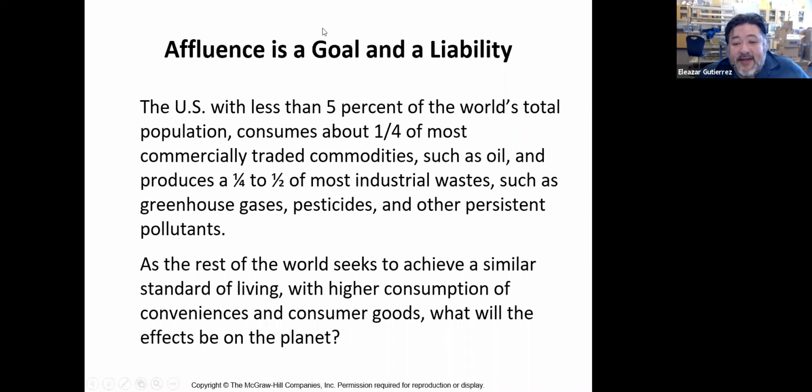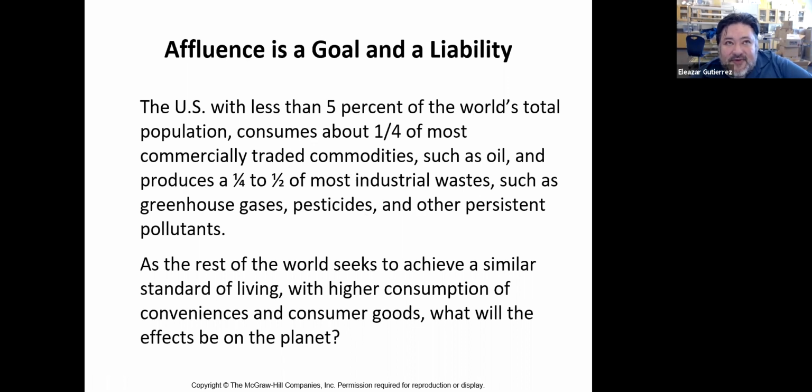Affluence, okay? Wealth is almost as big of a problem as poverty. It says here, the U.S. with less than 5% of the world's total population consumes about 25% of commercially traded commodities such as oil and produces 25 to a half of most industrial wastes. Think about that for a second.